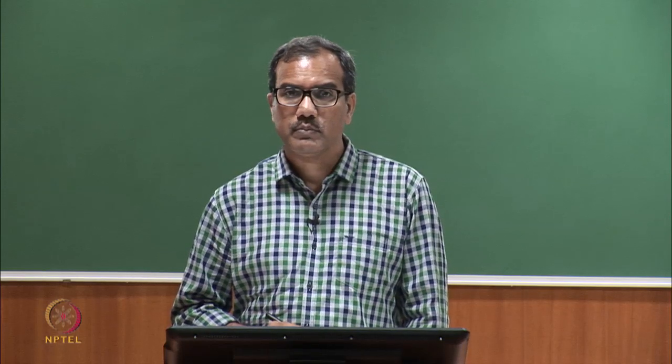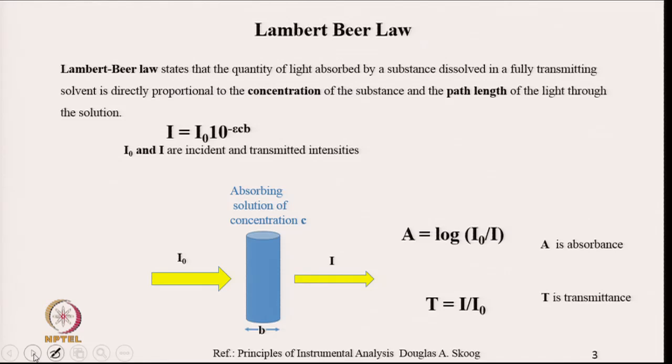So, what Lambert's Beer law tells you is that the quantity of light absorbed by a substance dissolved in a fully transmitting solvent is directly proportional to the concentration of the substance and the path length of the light passing through the solution.